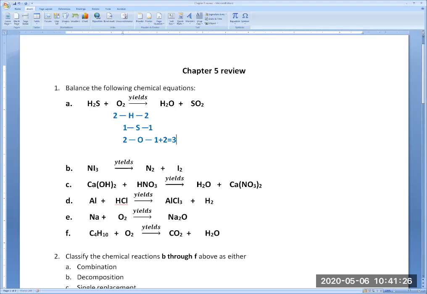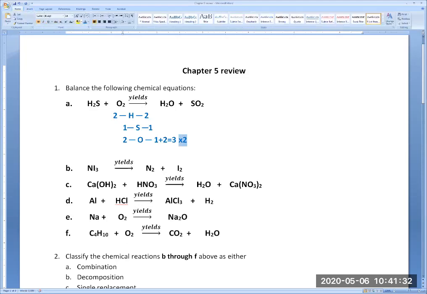So that means you will need to multiply by 2 on the right, and then we make this red because we need to understand that we add this, and we will multiply by 3 on the left.